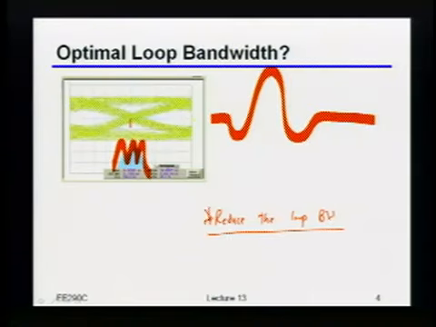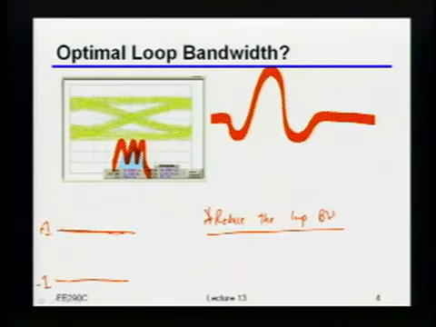But even despite that, or rather related to that, let's draw some simple examples. Let's say this is my ideal +1 level, and this is my ideal -1 level. And let's say my channel is just a very simple first-order low-pass RC.